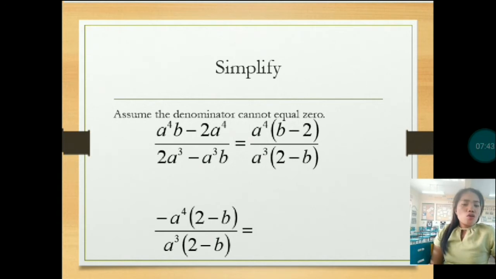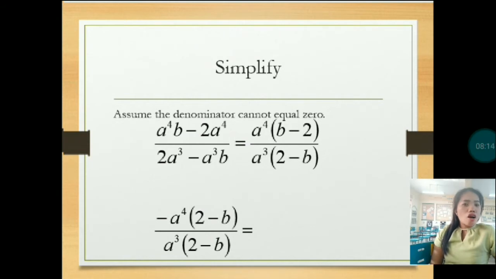So, for us to cancel out b minus 2 and 2 minus b, we are going to multiply a negative sign on our numerator. We have to make sure that our denominator will have a positive sign. So our new numerator now would be negative a to the power of 4 times 2 minus b over a to the power of 3, or a cubed, times 2 minus b.